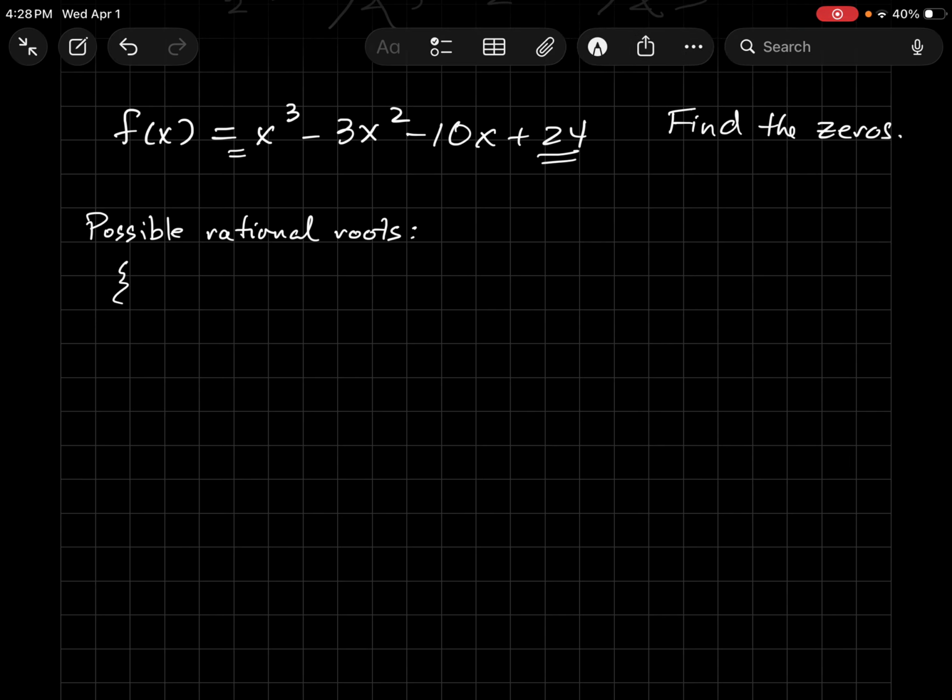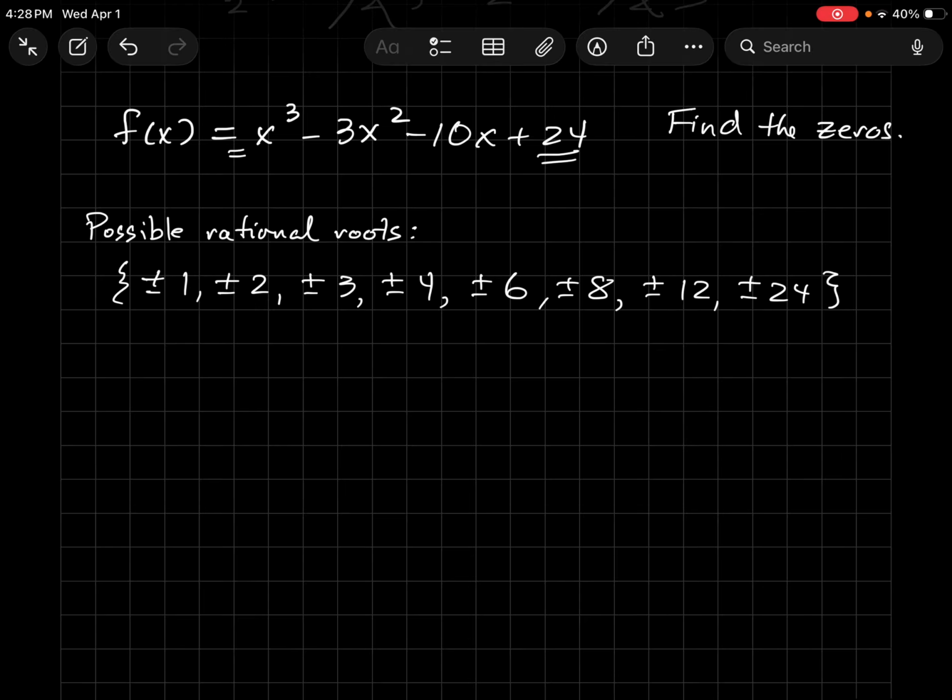It'd be the factors plus or minus of 24. So plus or minus 1, or 2, or 3, or 4, or 6, 8, 12, and 24. If I left any off, make sure you add them in.